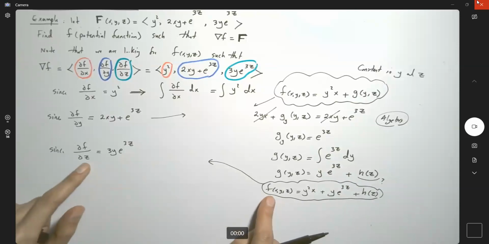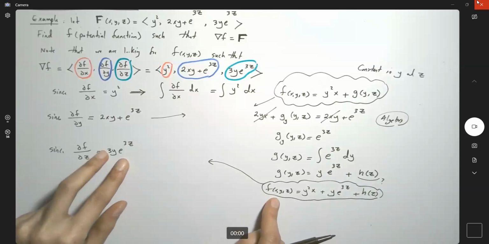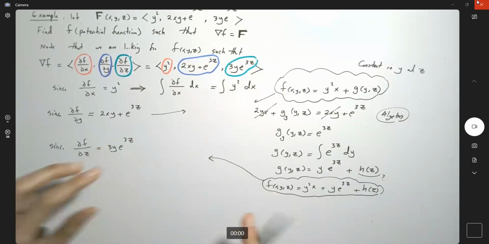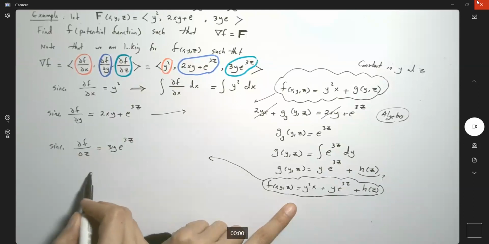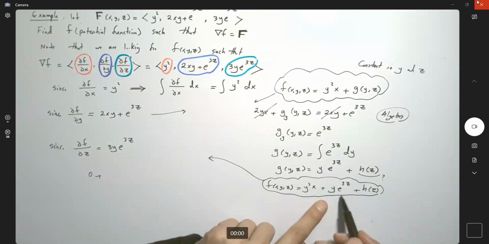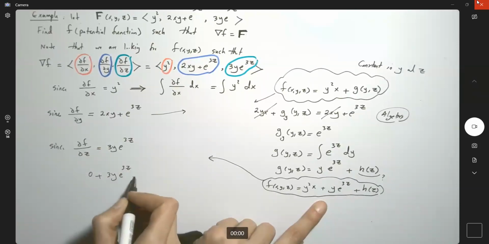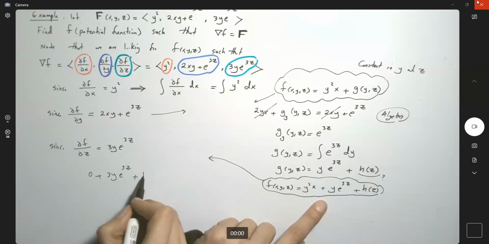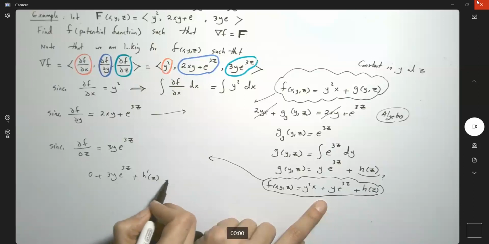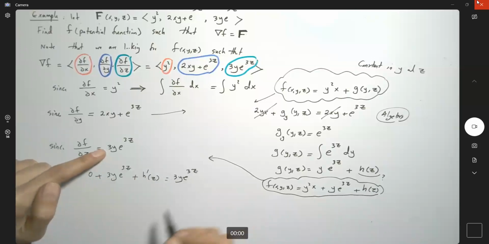The partial derivative of this function with respect to z must be 3y e to power 3z. So let us do that. The first term doesn't have any z in it, so it's going to be 0, plus, this term has e to power 3z, so it is 3y e to power 3z, plus the derivative of h with respect to z, h prime of z. It must be equal to 3y e to power 3z.